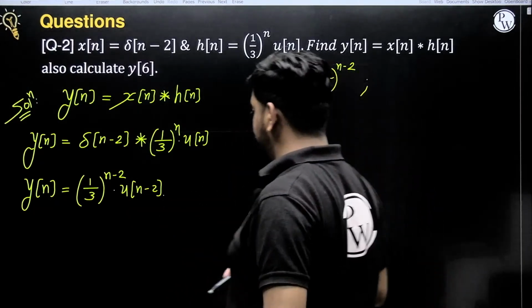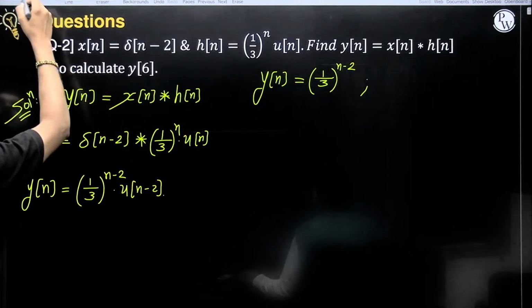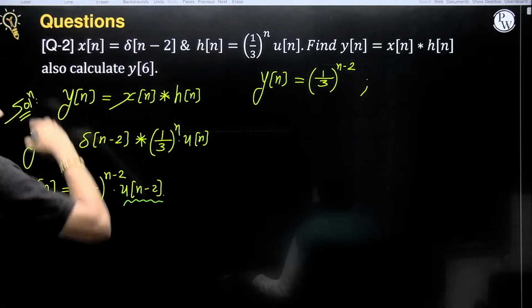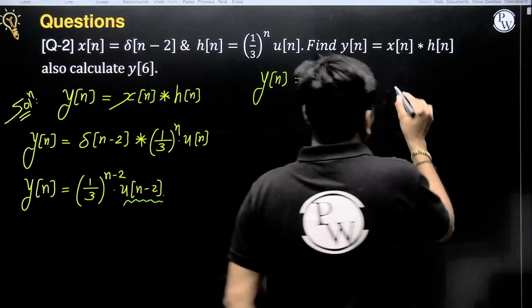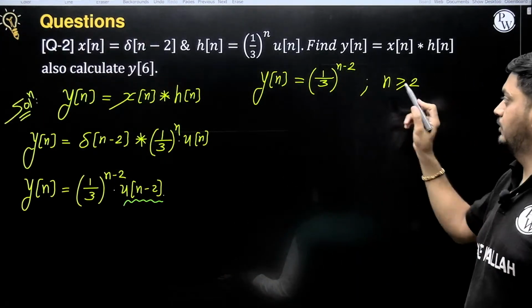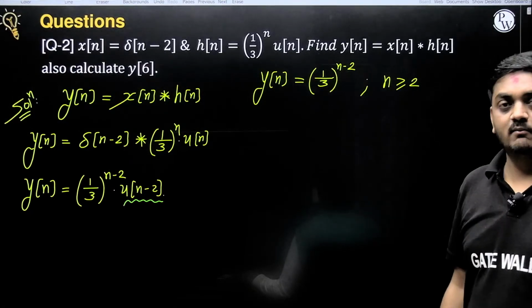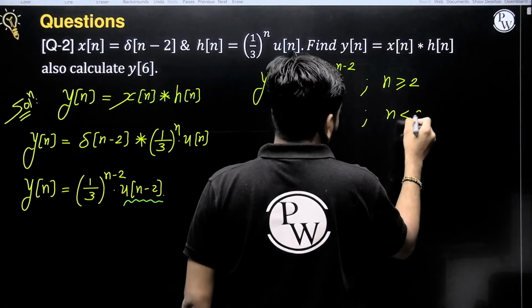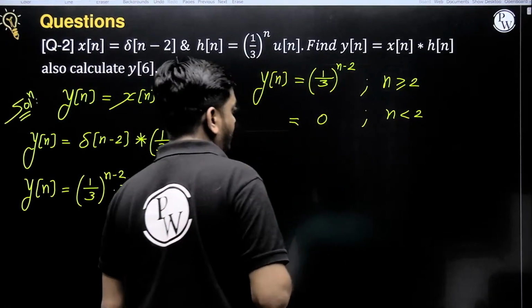Now u of n minus 2 means what? It is 1 for n greater than or equal to 2. So for n greater than or equal to 2, you have to use this formula. But for n less than 2, it is 0, guys.